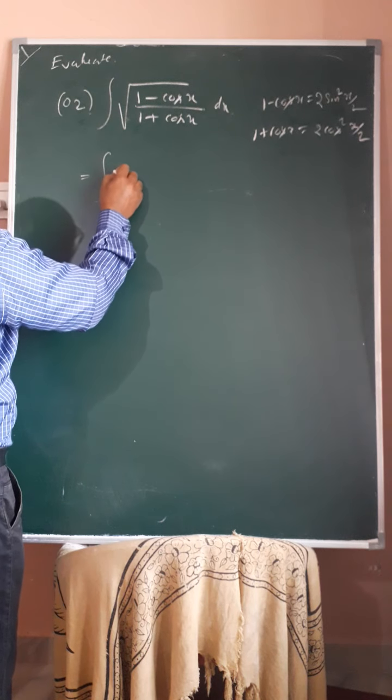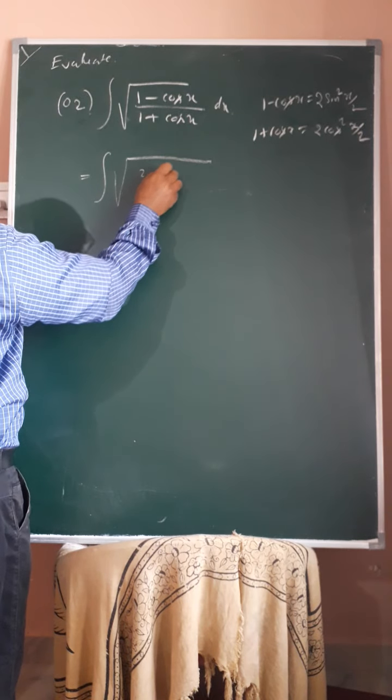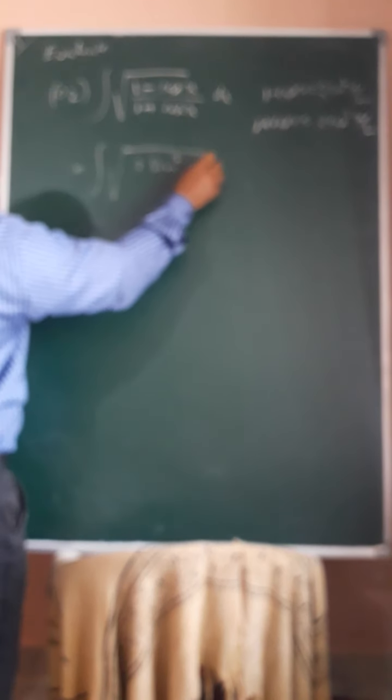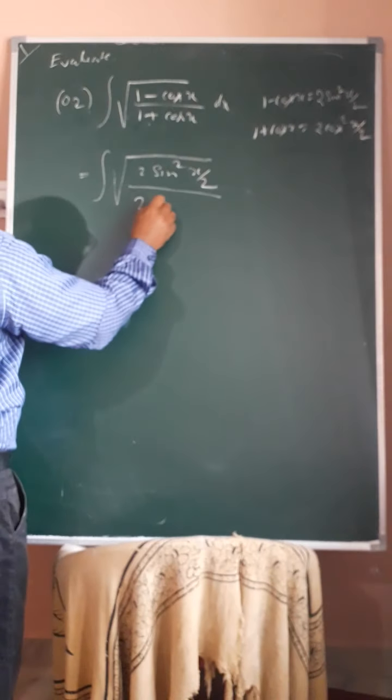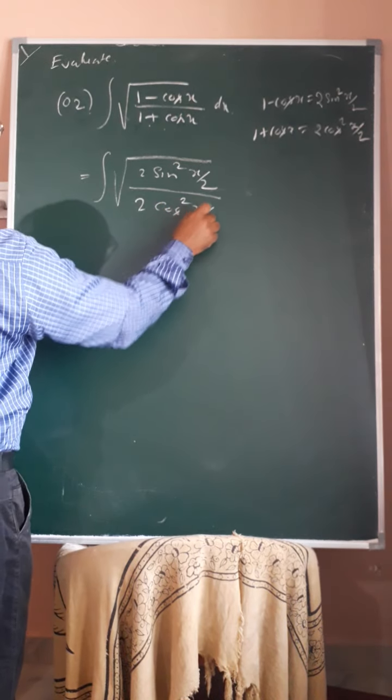So that is integration of square root of 2 sin square x by 2 divided by 2 cos square x by 2. The 2 gets cancelled.